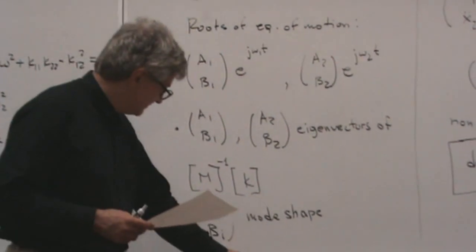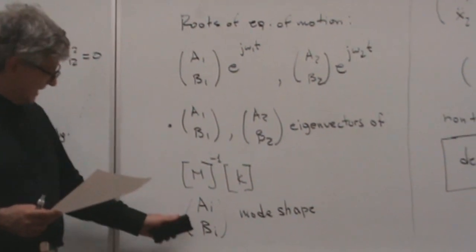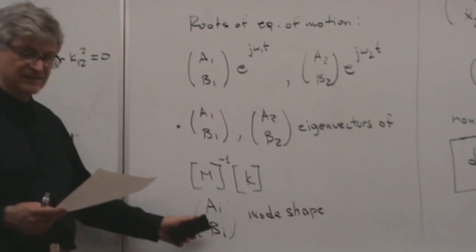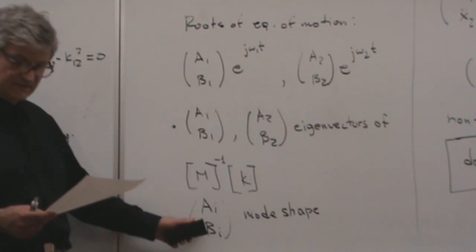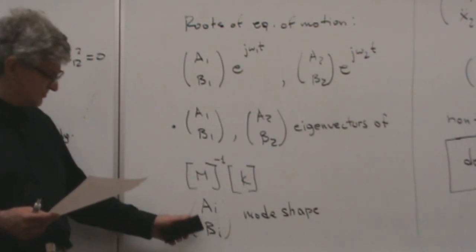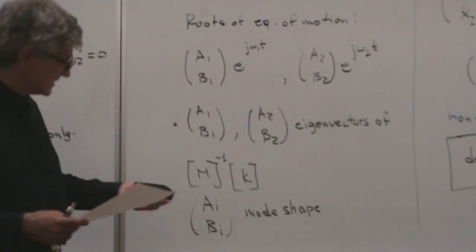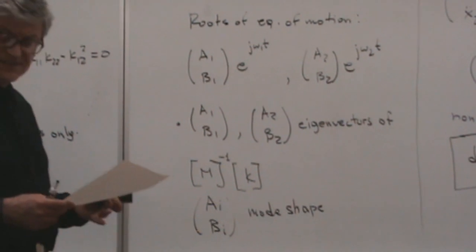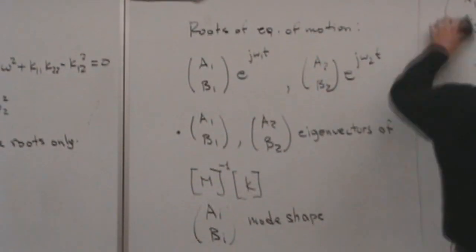Now, the eigenvectors are not unique. Let's say the eigenvector is 1 and 2, a vector where the first element is 1 and the second is 2. If you scale it by a constant, it's still an eigenvector. It satisfies the equations. So eigenvectors are not unique.